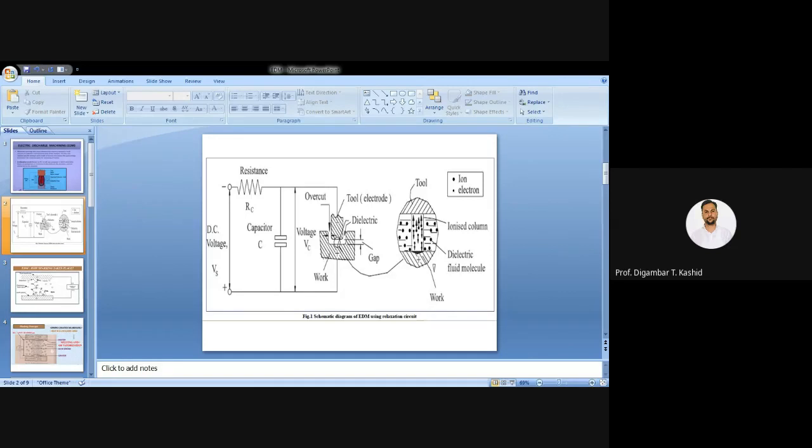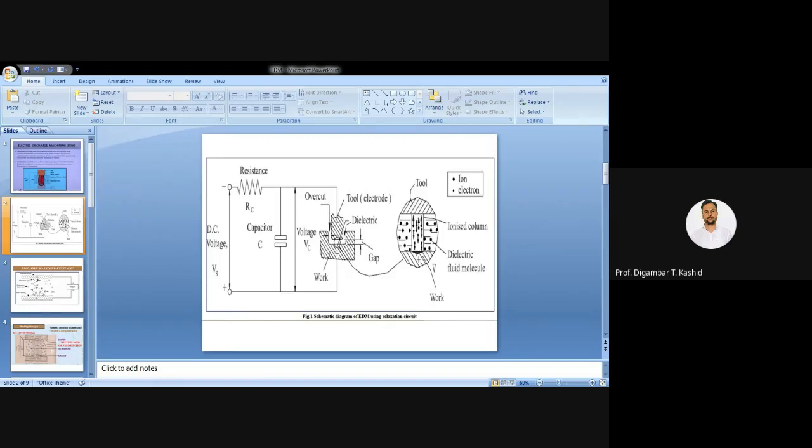This spark follows the minimum resistance path between the tool and workpiece. So the smallest gap, normally called the inter-electrode gap, is that small gap between your tool and workpiece.